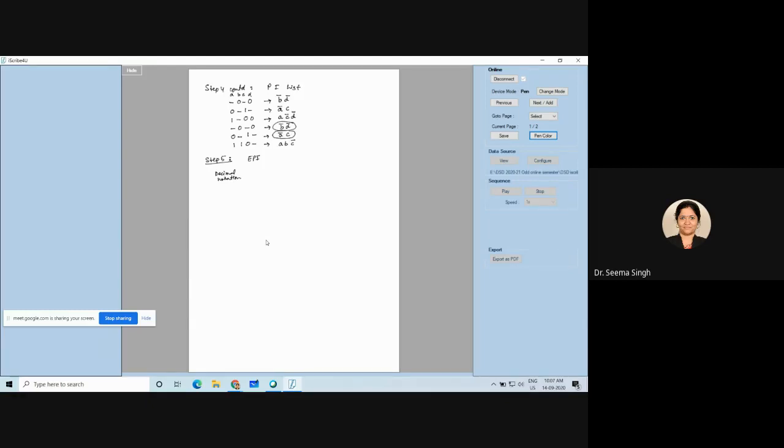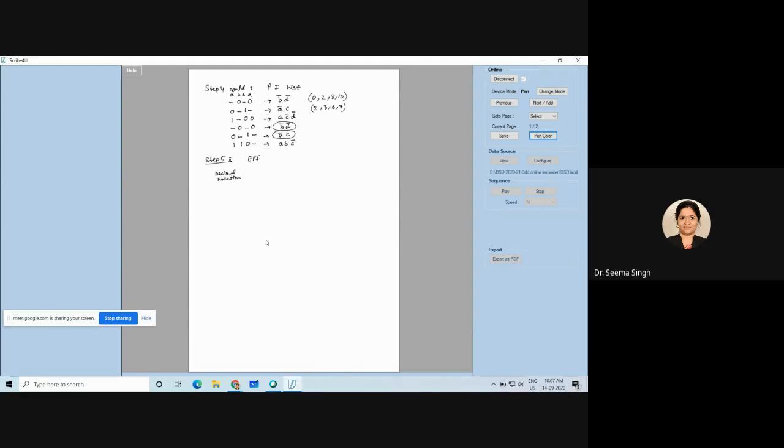For example, B bar D bar is taking care of 0 to 8, 10. You should always keep it handy. Next, A bar C is taking care of 2, 3, 6, 7. Next is A C bar D bar.